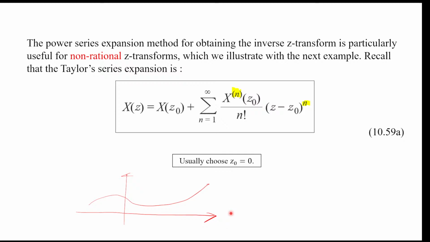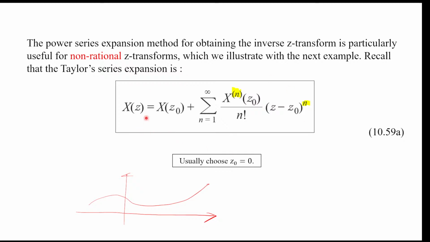So if we have whatever x of z, then we can just do Taylor expansion or power series expansion, and write x of z as expanded around some point z0.